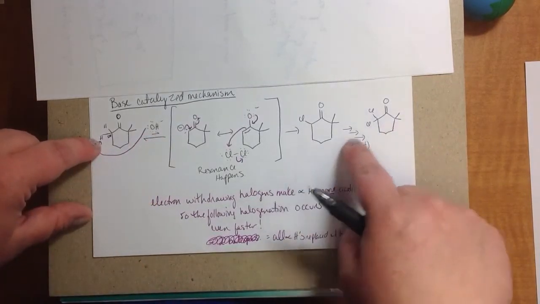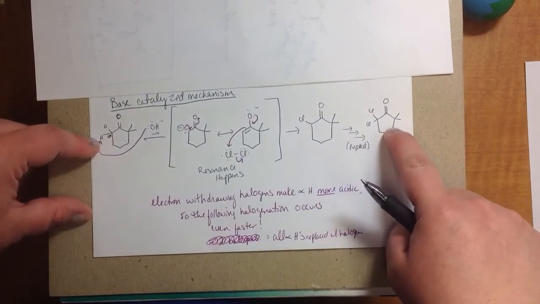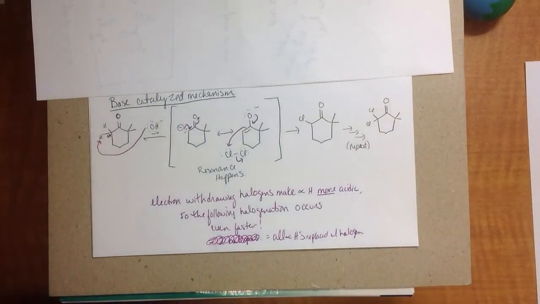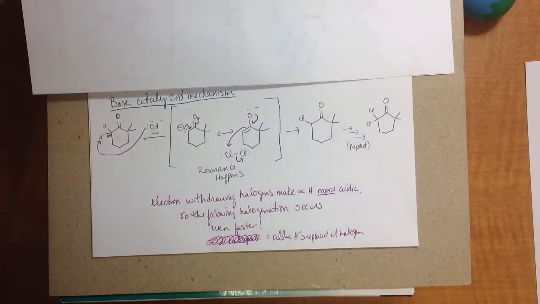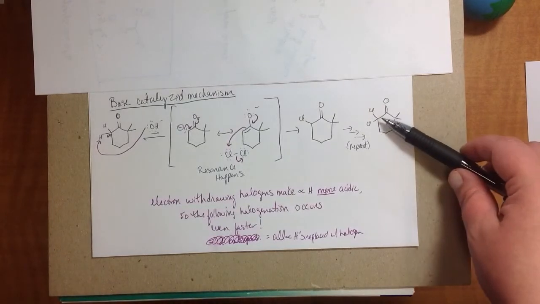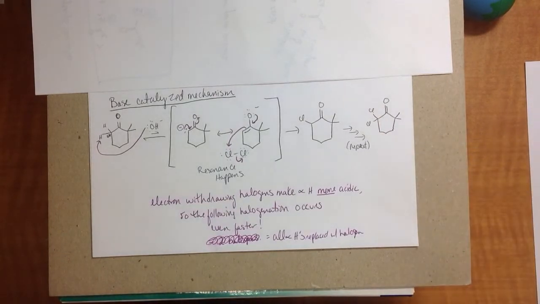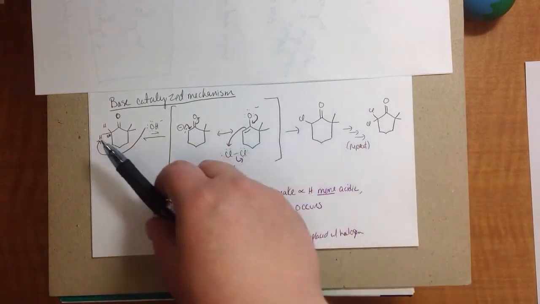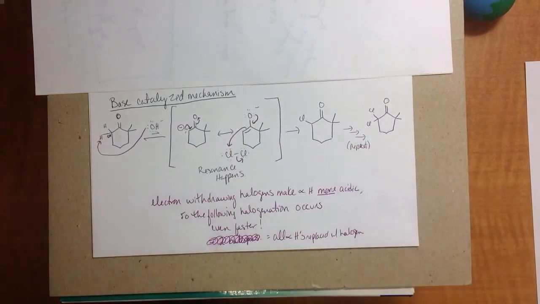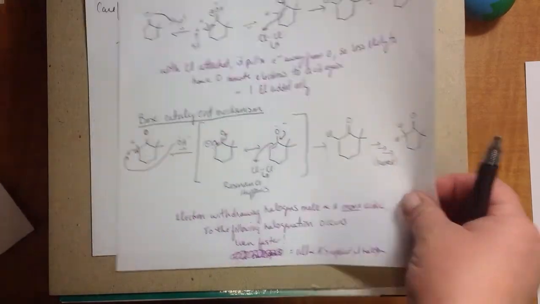And when it does that, bam! You're going to get more chlorine attached, not less. And that's the reason why in one set of conditions you can end up with one chlorine, and with the other you end up with only as many chlorines as possible. If this was not here, if this was just a CH3, you could actually end up getting a Cl3. Excuse me, if it was a CH3 over here, then you could end up getting a Cl3 over here. Okay.